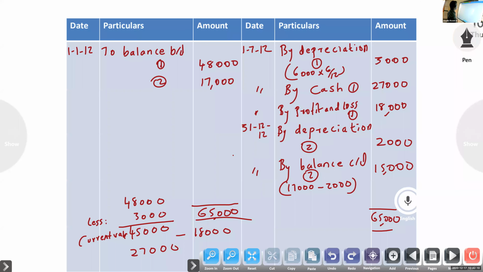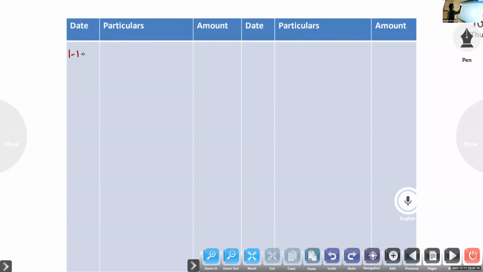Next, one more year. 1st January 2013, to balance b/d, machinery 2, 15,000.